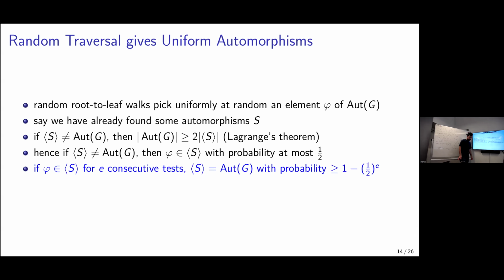So if we just sample random elements and all of them are successfully determined to be in the part that we've already found, then the probability that we've actually not found the entire automorphism group can be bounded by this term, which depends on the number of tests that we've done, because it's just E repeated coin flips that we've lost, in a sense.